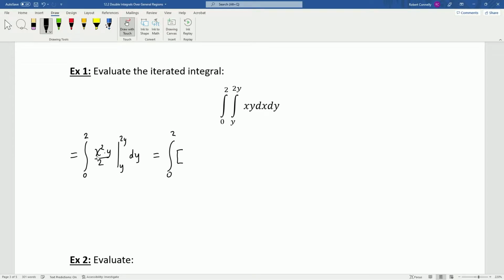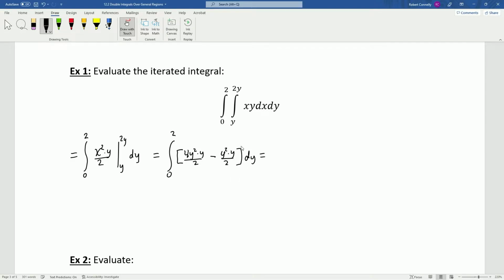Now when I evaluate x at 2y, I'm going to get 4y squared times y over 2 minus this integral at y, which will be y squared times y over 2.